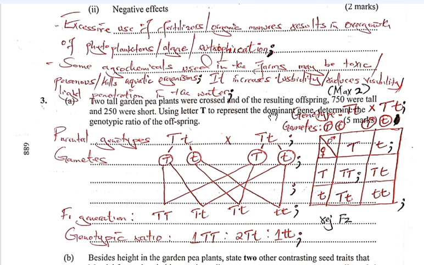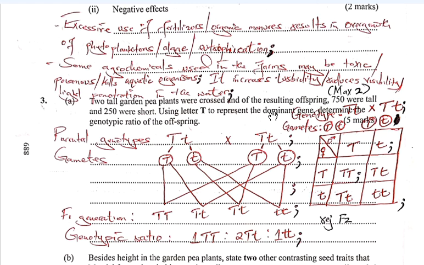Such a question, you can use a Punnett square, or you can use a cross which involves lines. In this question, the gene for tallness is dominant over the gene for shortness, and shortness is recessive. It means in this case, the parental genotypes are heterozygous, that is capital T, small t.